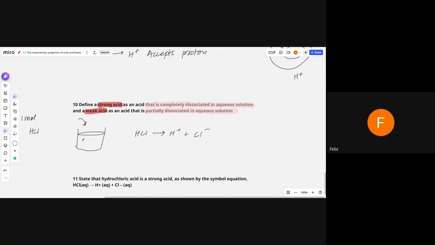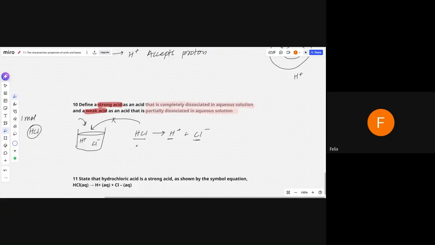And in this beaker, we will not have even a single undissociated HCl molecule present in it. All of them will quickly dissociate, ionize into H plus and Cl minus.